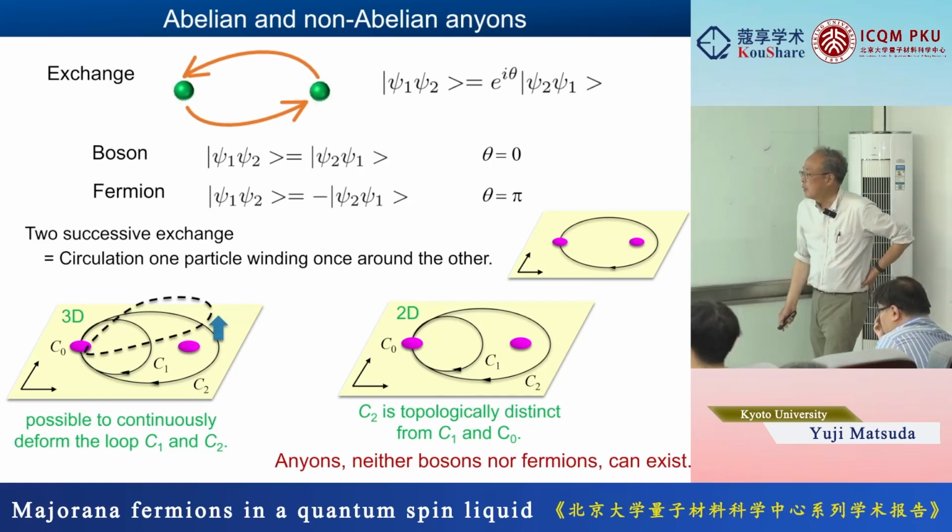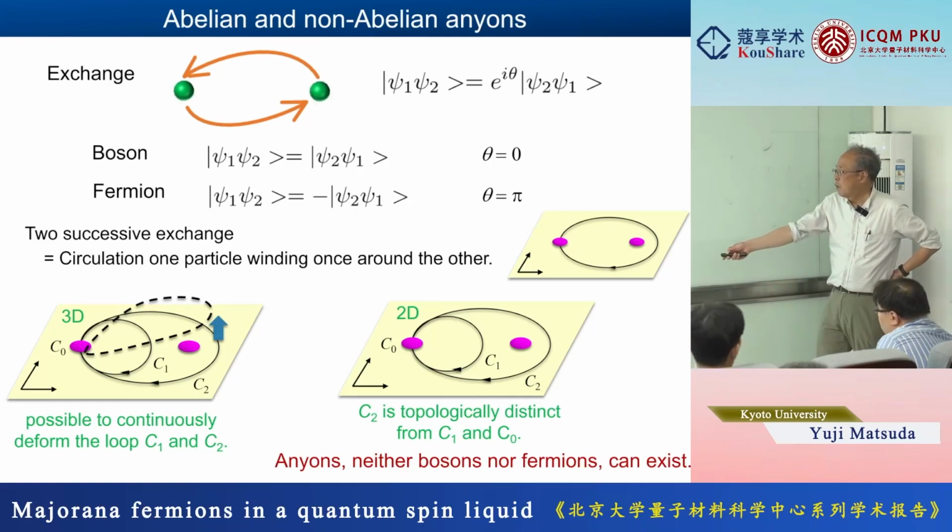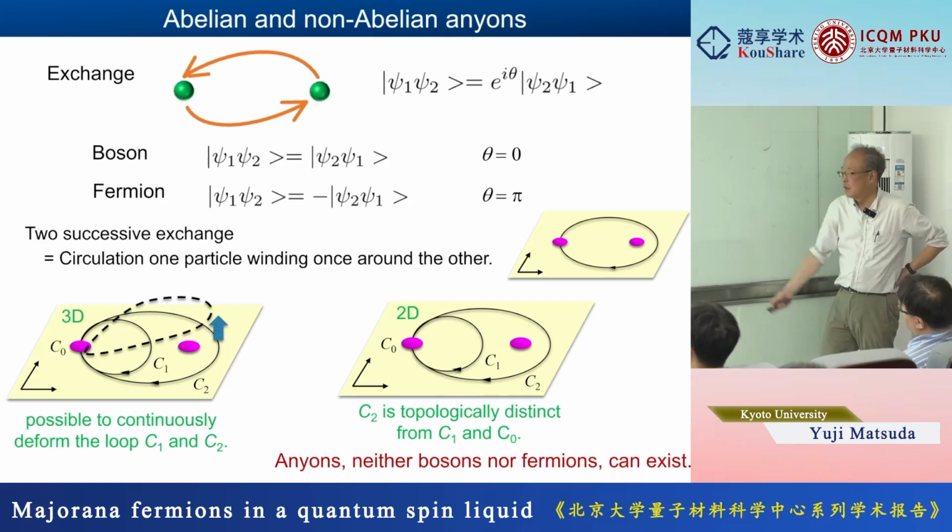On the other hand, in 2D, obviously C0 and C1 are identical, but C2, this path, is topologically distinct from C1 and C0, because we cannot deform the loop C2.